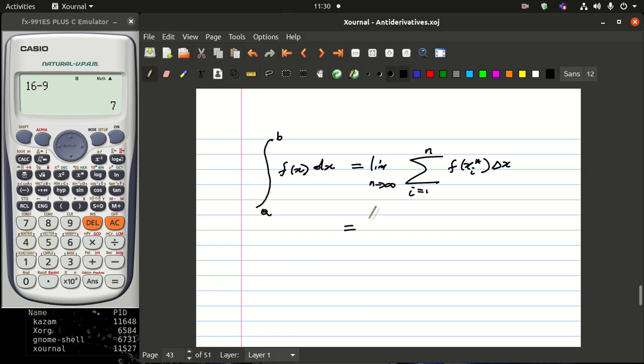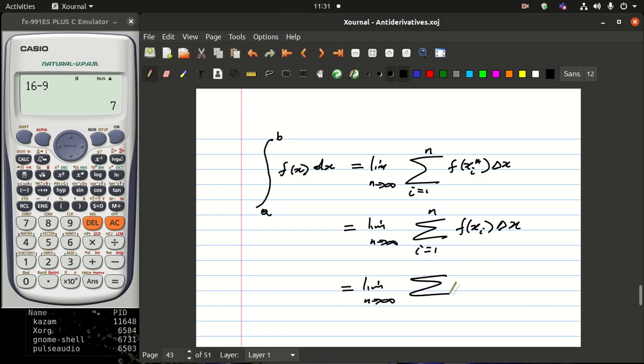Of course, you know that this is simply the same as the limit as n approaches infinity of the sum from i equals 1 to n of f of xi times delta x. Like I said before, this and that are the same, and also the same as the limit as n approaches infinity of the sum from i equals 1 up to n of f of xi times delta x.